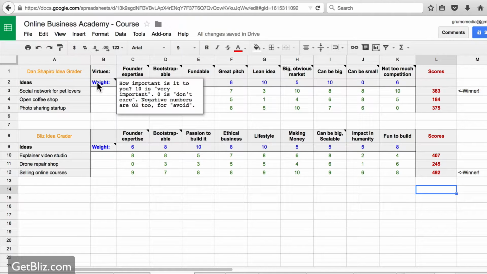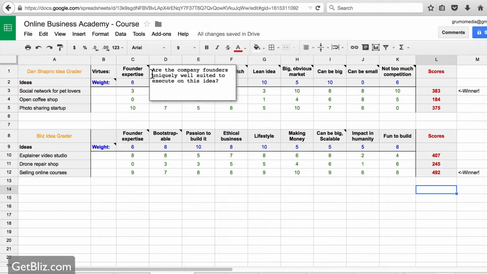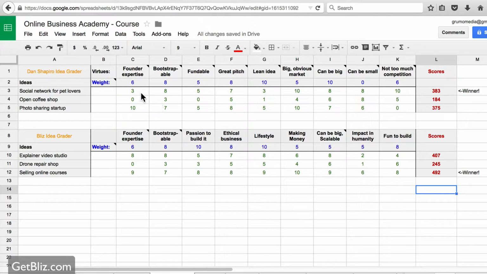Then we give different weight depending on how important each of these criteria is, and it always goes from 0, very low weight, to 10, very high weight, and then here we rate each idea. Let's say you came up with an idea to build a social network for pet lovers.